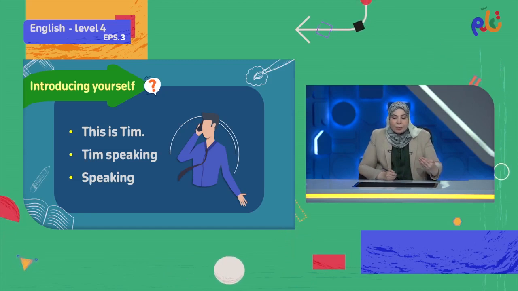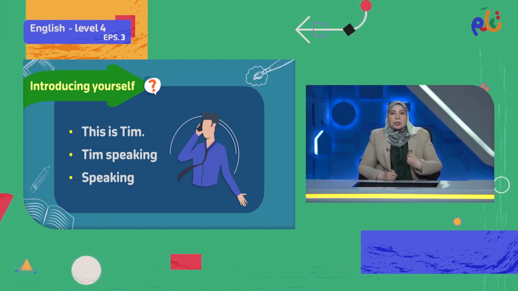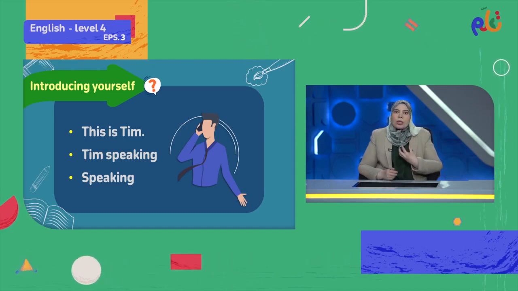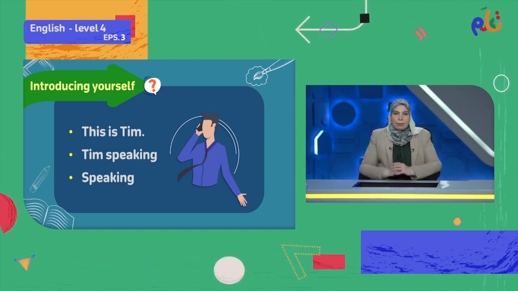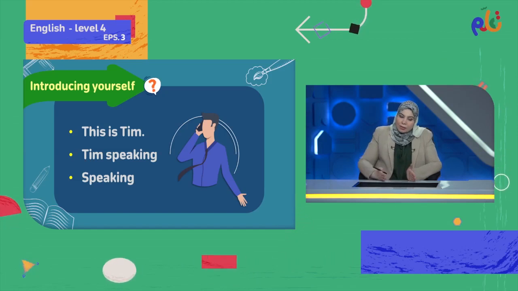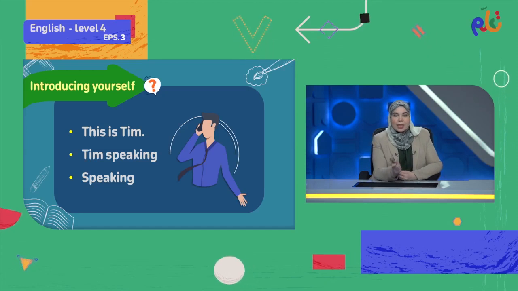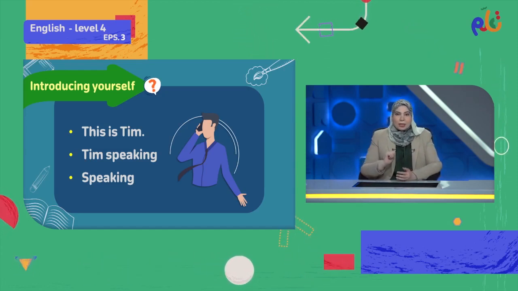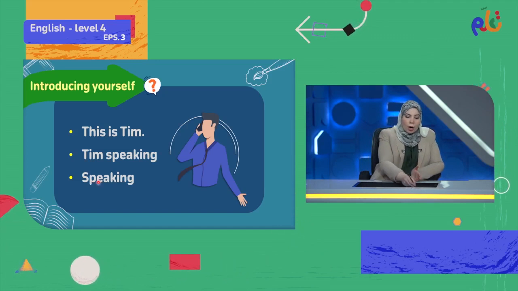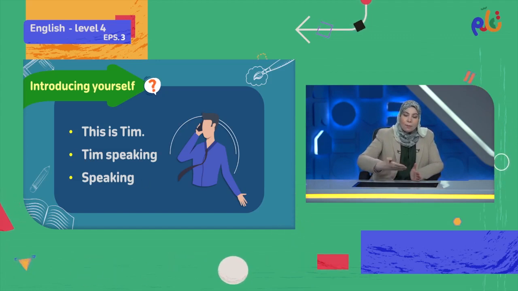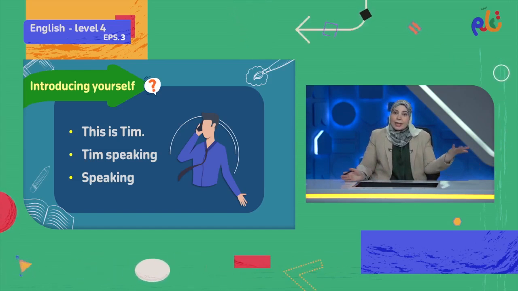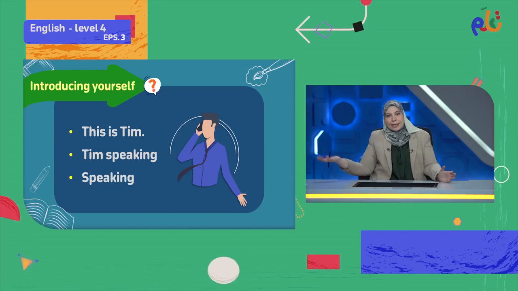So these are different ways to introduce yourself or to tell the person you are calling your name. So we have 3 different ways. This is, or you say your name and you say speaking. So you can say Ahmed speaking, Tim speaking, Marwa speaking. Or if someone is asking you if this is you, like, hi, is that Ahmed? You can say yes, or you can say speaking.